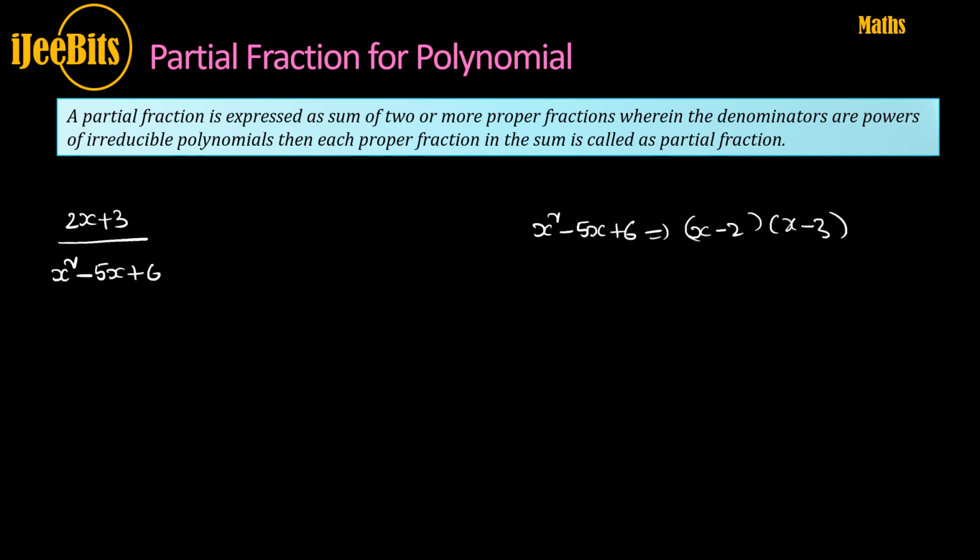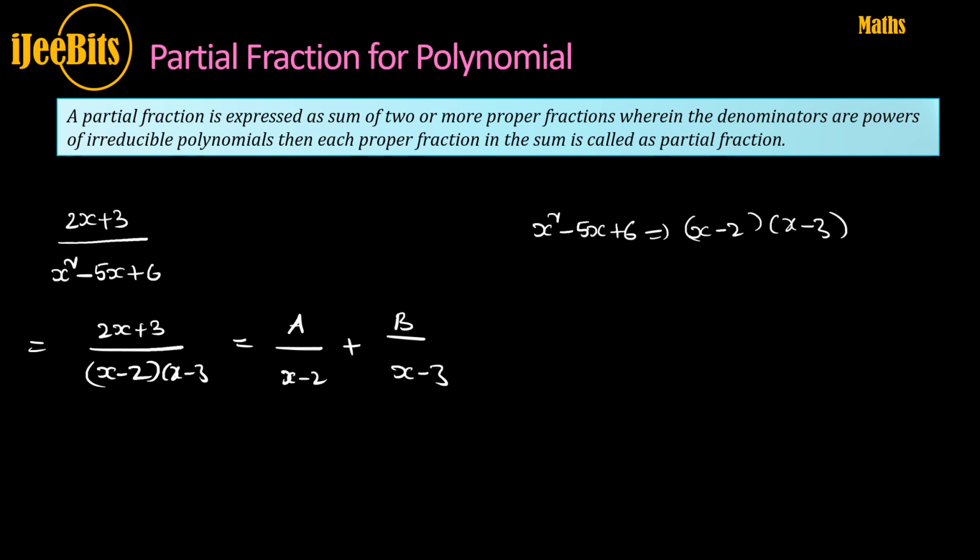So if you rewrite this now, 2x plus 3 divided by x minus 2 times x minus 3 can be rewritten as, let's say, some value a by x minus 2 plus some value b by x minus 3. If you look at these, these are irreducible polynomials, right?